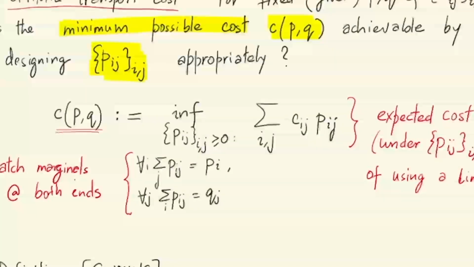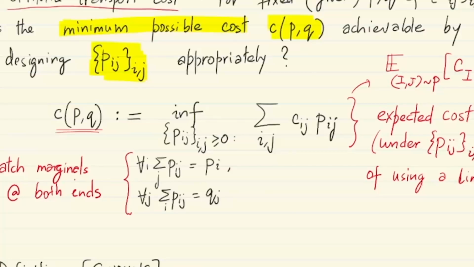So one can also write this objective as the expected value, with capital I comma capital J being drawn from P, of C of capital I capital J. Okay, so the aim is to find a distribution Pij to try to minimize its expectation under a given cost structure.